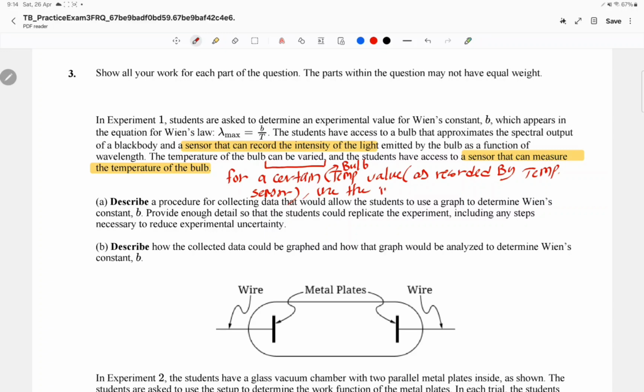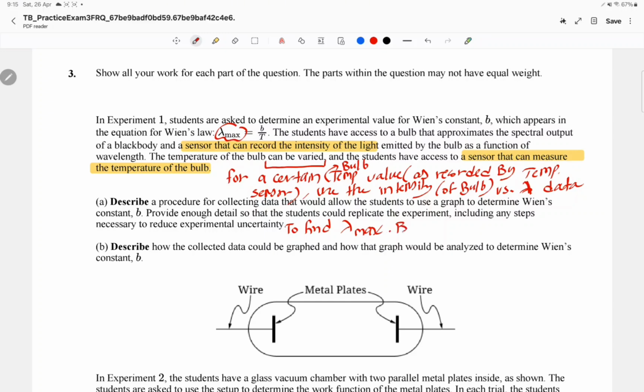So you're going to have to use the intensity of the bulb. For every temperature, we get a different intensity versus the wavelength data. So you're going to be plotting intensity versus wavelength data, in the attempt of finding the maximum wavelength, to find the lambda max.